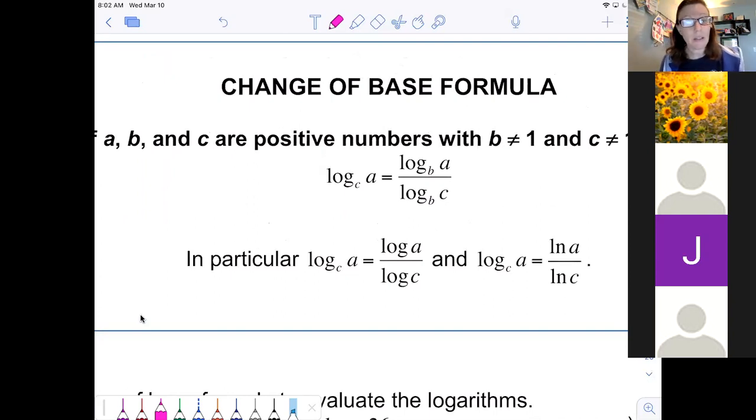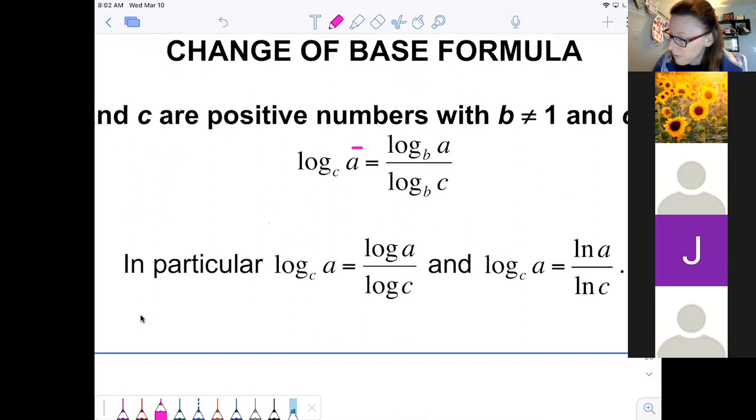So this would be evaluating those that we cannot solve for without a calculator. And it takes the log of the value divided by the log of the base.